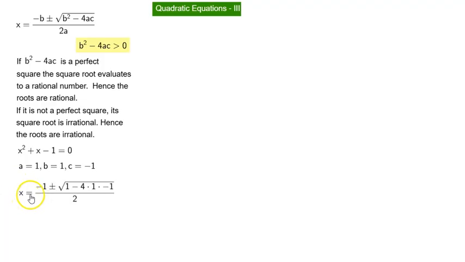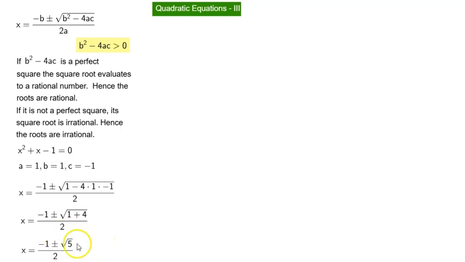We have x is equal to minus b, that is minus 1, plus or minus square root of b square, that is 1 square, minus 4 times a times c, divided by 2 times a. Now we simplify, we get minus 1 plus or minus square root of 1, minus times minus is plus 4, divided by 2. Further simplifying, we get minus 1 plus or minus square root of 5 by 2.